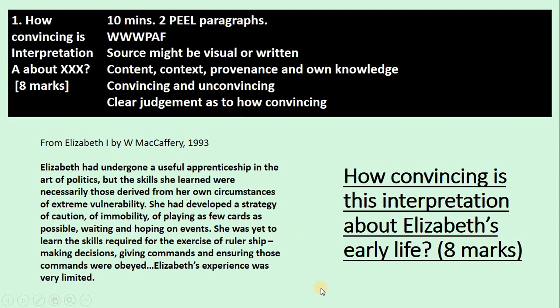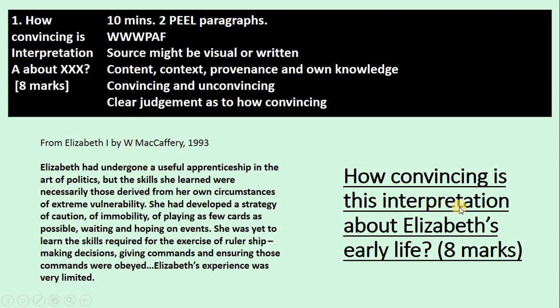So for each of these practice questions, stop it, pause it, read the interpretation, think about what you would say is convincing, think about what you would say is unconvincing. If you're not going to write the whole question in 10 minutes, just do your points for each of your PEEL paragraphs.